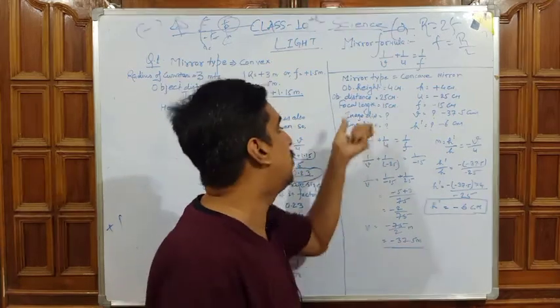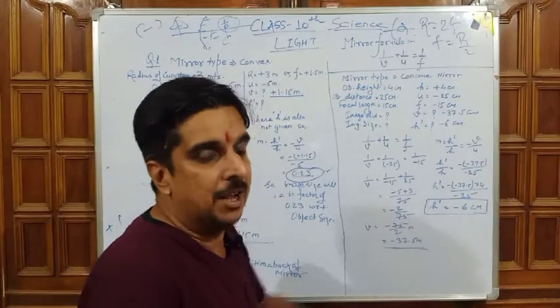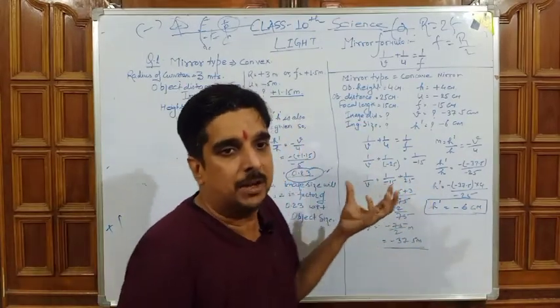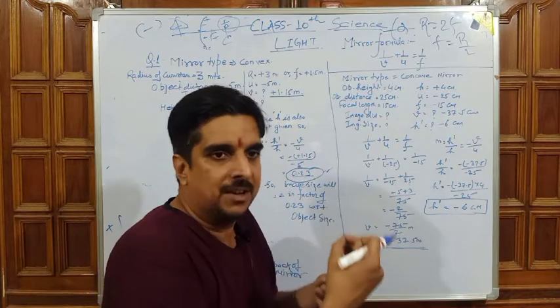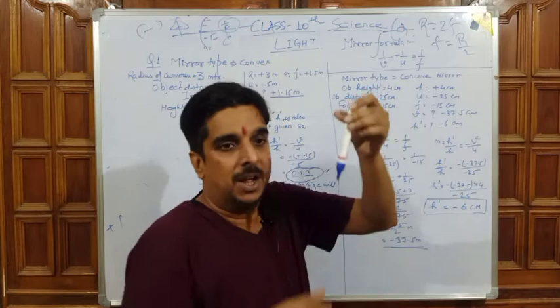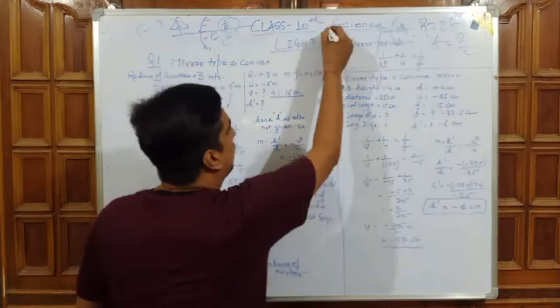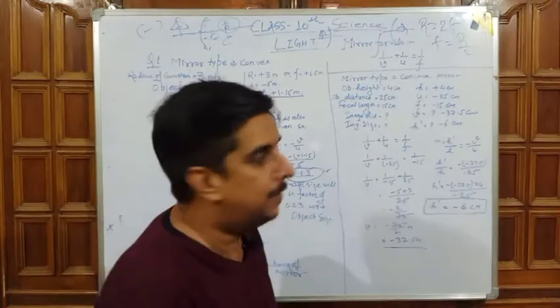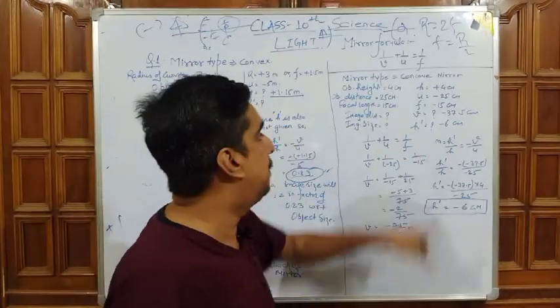We have to find out the image distance and image size. So now we are converting the theoretical terms into scientific terms. H is equal to plus 4 cm, because if the object is present in front of the mirror, then definitely height will be positive. So H is equal to 4 cm.